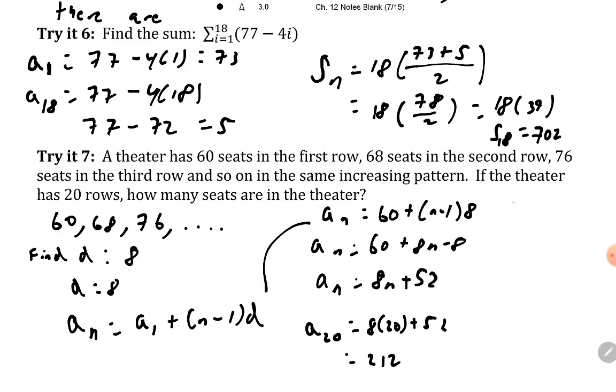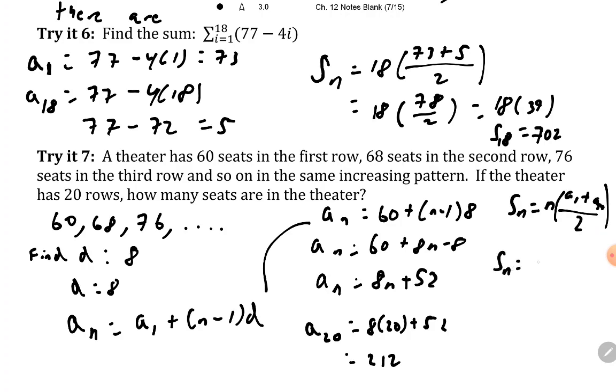Okay, now that I have my first term and my last term, I can now do the sum. So that's the formula. S sub n equals n times the quantity a1 plus a sub n, the first term plus the last term, divided by 2, right?